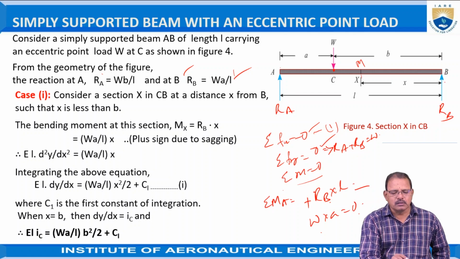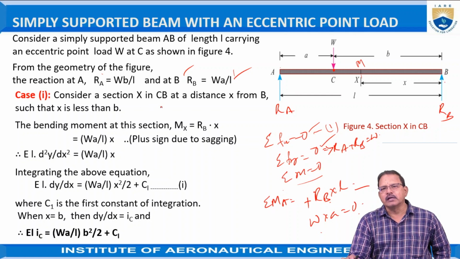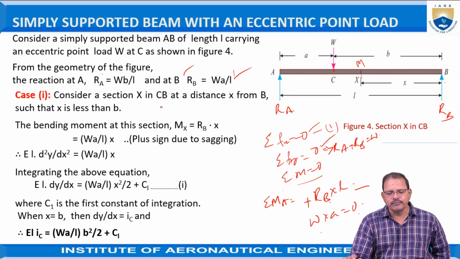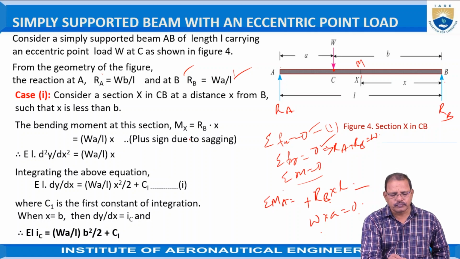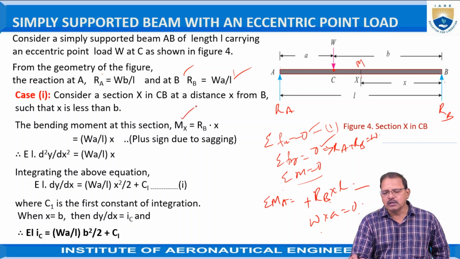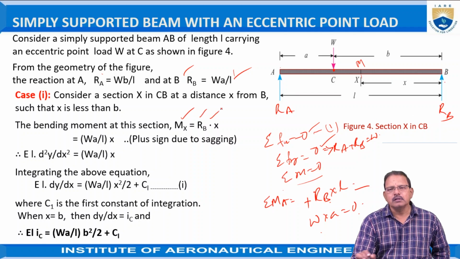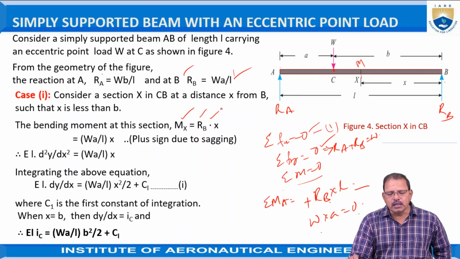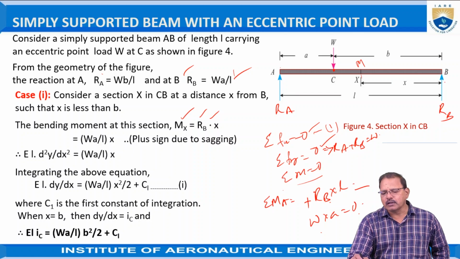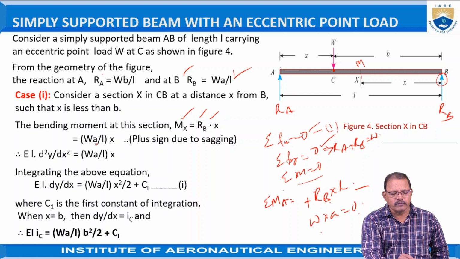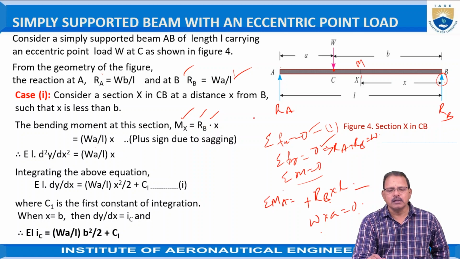So, considering section X at a distance x from B as shown in the figure, the bending moment at this section, Mx, is equal to RB into x. Here it is positive because the effect of this force deflects the beam in the form of sagging.